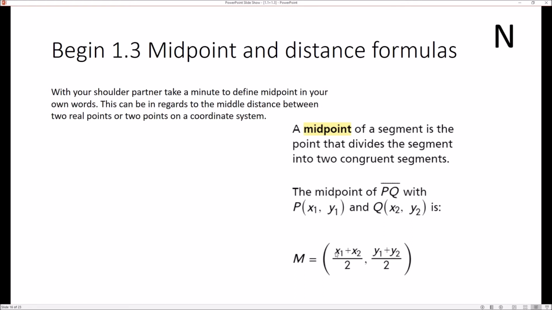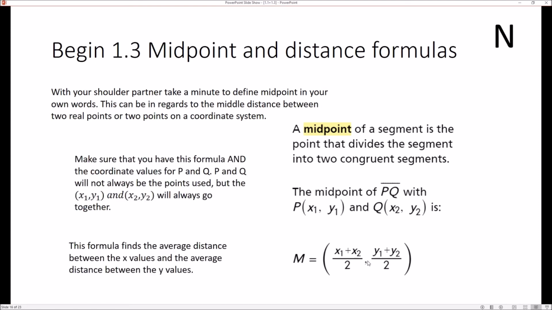Our first x coordinate plus our second x coordinate divided by 2 gives us the average of the two, which means the middle. And then our first y coordinate plus our second y coordinate divided by 2 gives us the middle of our y coordinate. Together, that's a new point. This is a comma. I had that in class a lot on Monday. Once you get this, you'll have a new point.